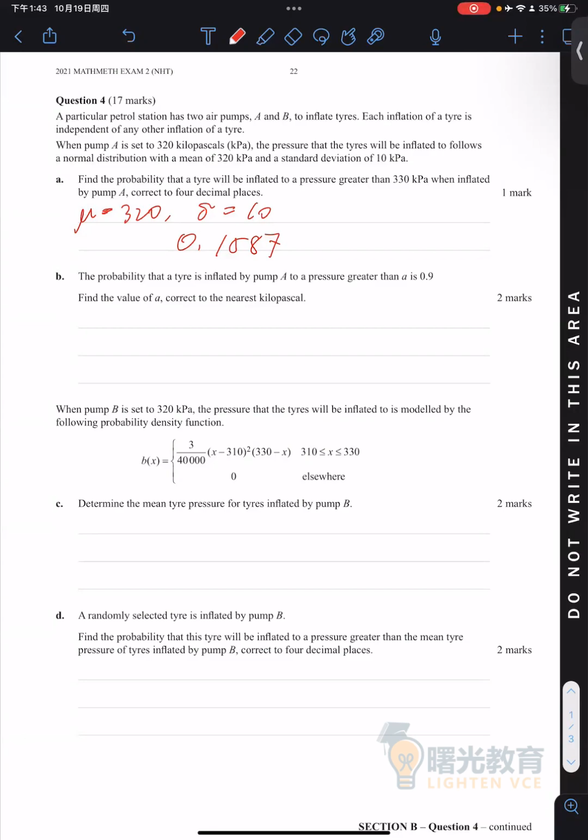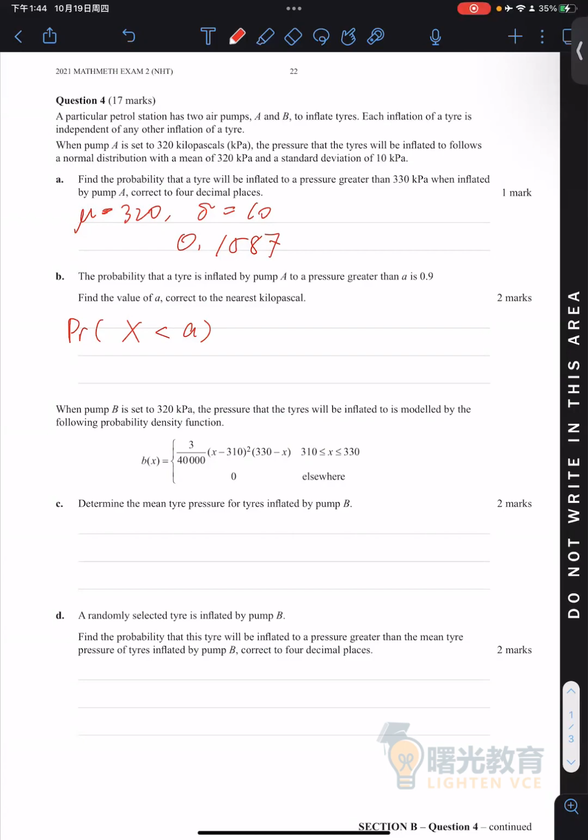And the second one: the probability that the tire is inflated by pump A to a pressure greater than a is 0.9. Now we are looking for the a value. With the given probability, we're looking for the bound, so we would use the inverse normal distribution. Please remember one thing: in our calculator, we can only do the probability for the variable less than a value. But the question provides the greater-than probability, which is 0.9.